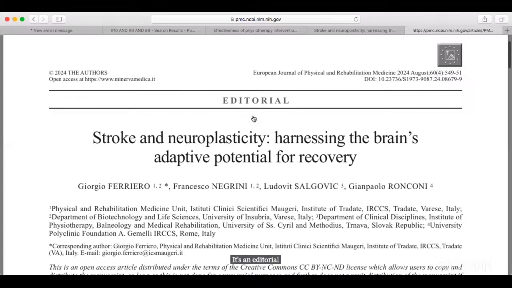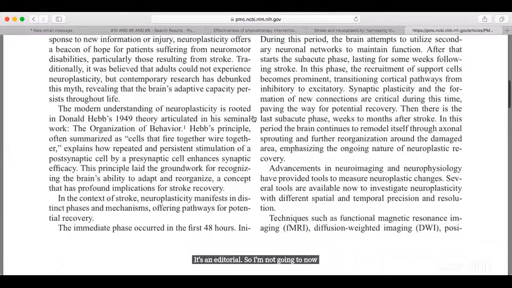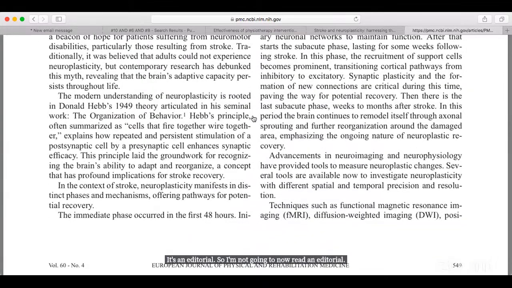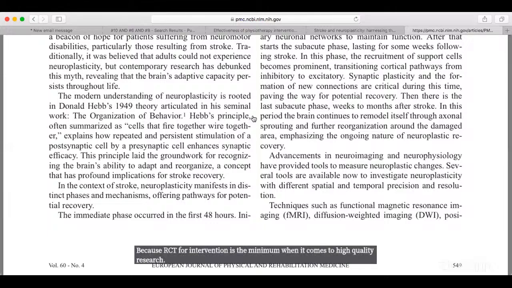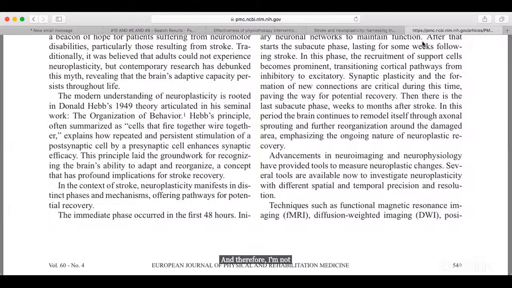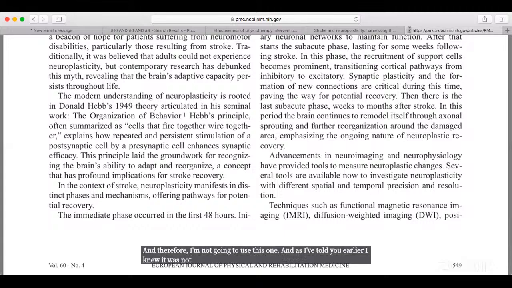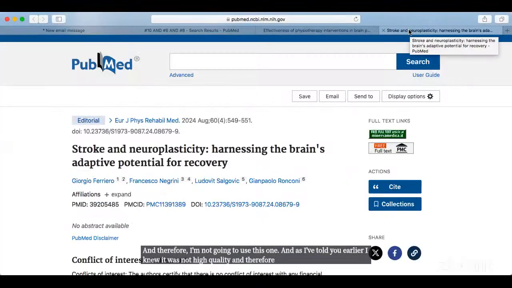So am I going to now read an editorial, pick the process, and go and apply to my patient? I'm not going to do that. Because RCT for intervention is the minimum when it comes to high quality research. And therefore, I'm not going to use this one. And as I've told you earlier, I knew it was not high quality, and therefore, I was not interested in it.